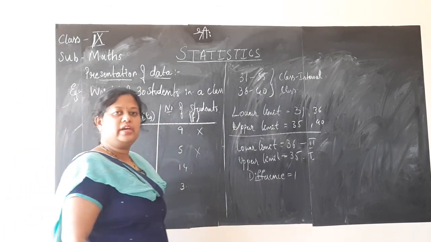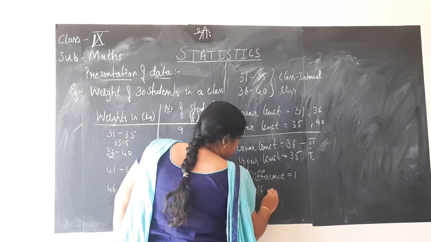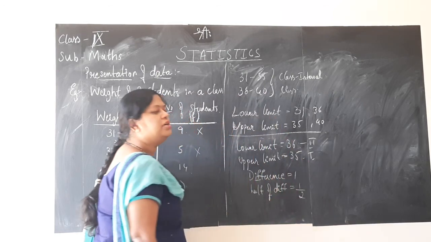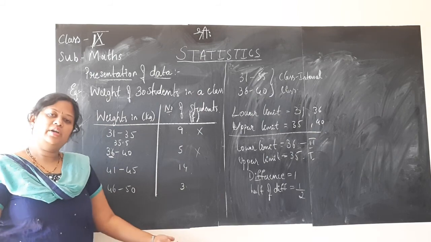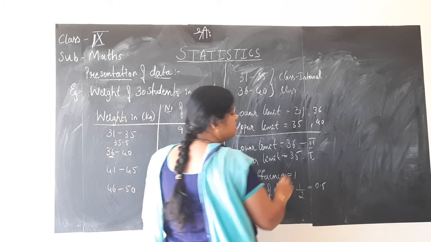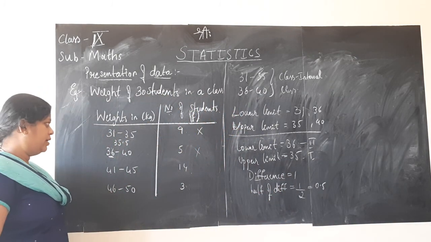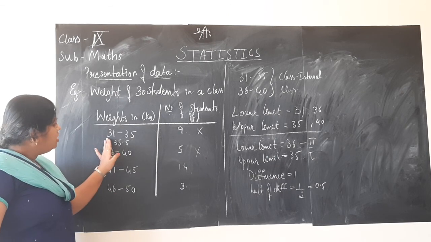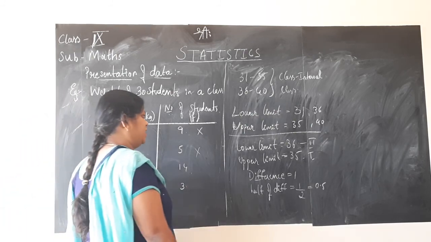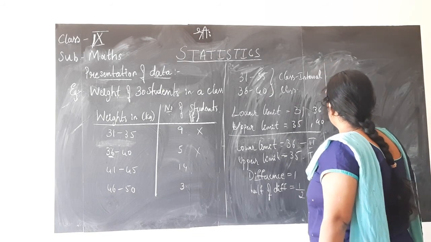Whatever the difference you get, you take half of it. Half of the difference, Andre, just divide the number by 2. That is nothing but 1 by 2. Or you can also represent half in the decimal form as 0.5, isn't it? Half can be represented as 0.5 as well. So children, what we should do here is, after getting the number 0.5, consider all the class intervals in the table.